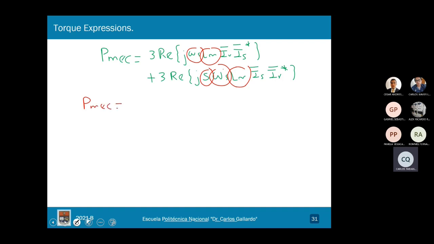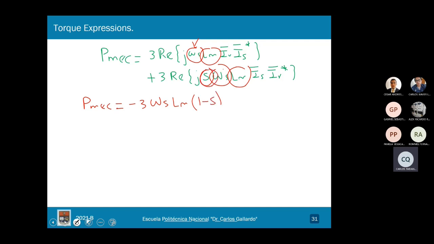Taking out this common factor, I will even take out the negative in order to apply an identity. So I will have 3 times the angular frequency, the magnetizing inductance, and, taking out the speed, 1 minus s.